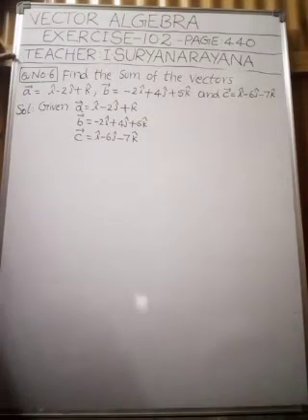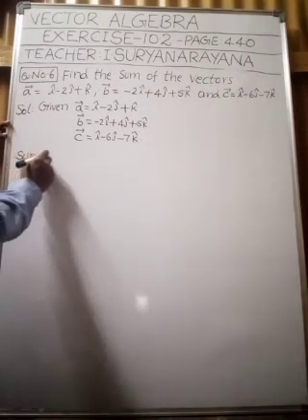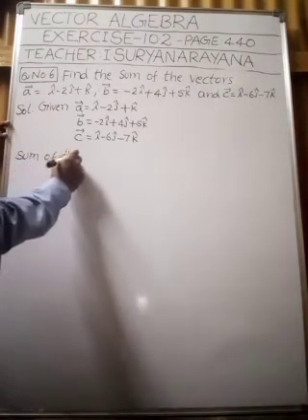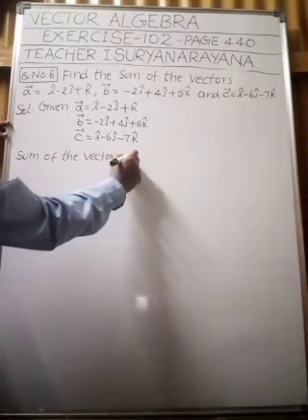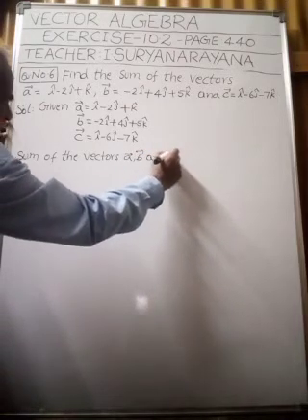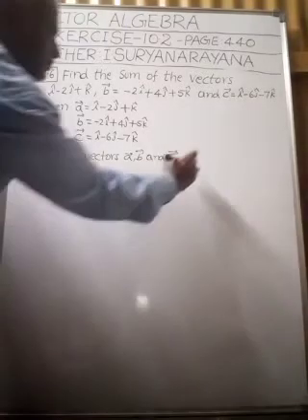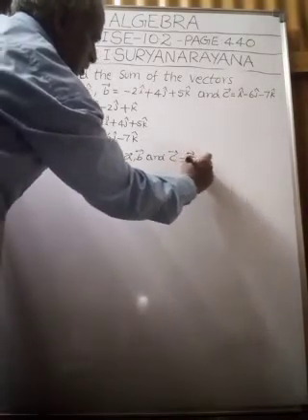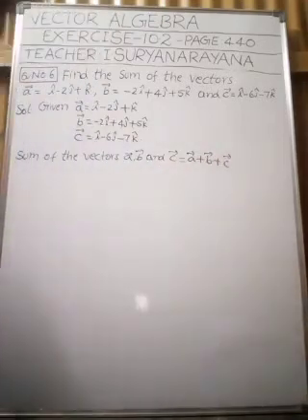Okay, my children. Now let us find the sum of the vectors. Sum of the vectors a bar, b bar and c bar is equal to a bar plus b bar plus c bar. Yes or no, my children?